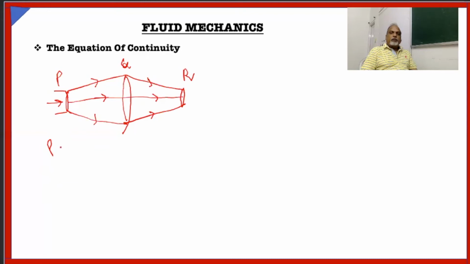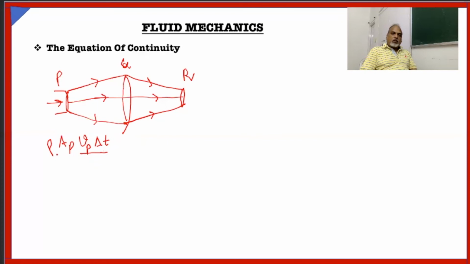It will be rho times area, suppose that is AP, times velocity Vp times delta T, since the mass will flow up to the distance Vp into delta T. So rho AP Vp delta T gives you the mass flow in delta T time through P.